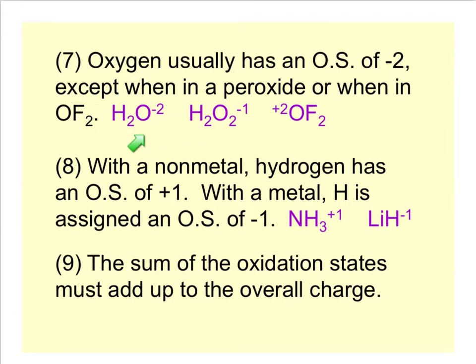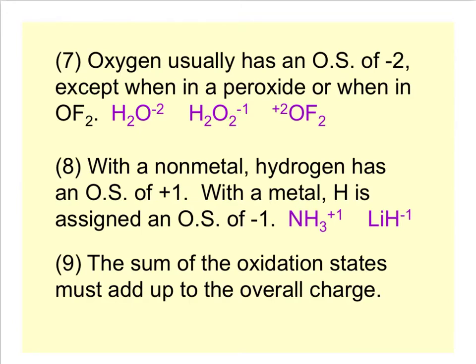Here's water. Water is going to have oxygen with an oxidation state of -2. Here's a peroxide. And you know it's a peroxide because it's X2O2. Anytime you see the X2O2 format, that oxygen is acting as a peroxide polyatomic anion, and each oxygen will have a -1 oxidation state.